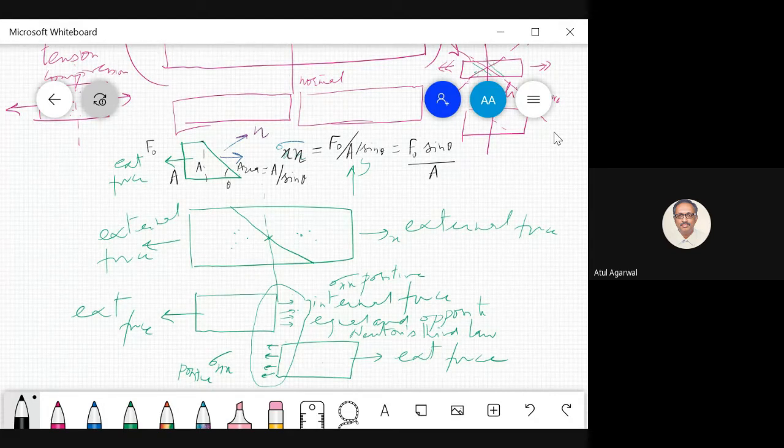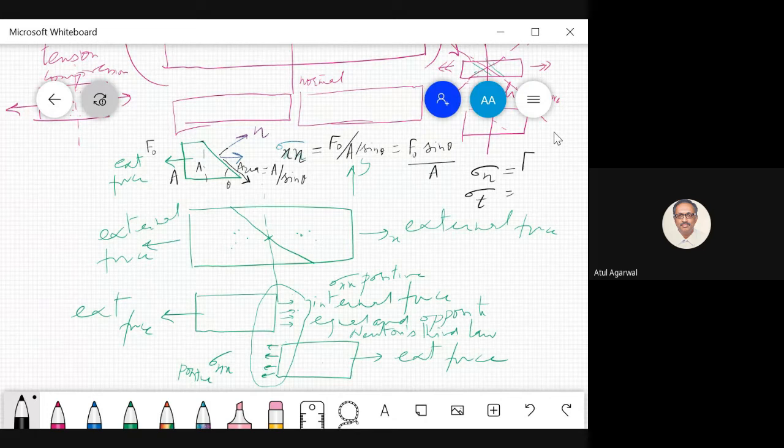Okay. Now, this is a normal vector to the face. You could also have taken components of this force, one component normal to the face, another tangential to the face. Instead of sigma xn, you could have called it sigma normal, sigma tangential.